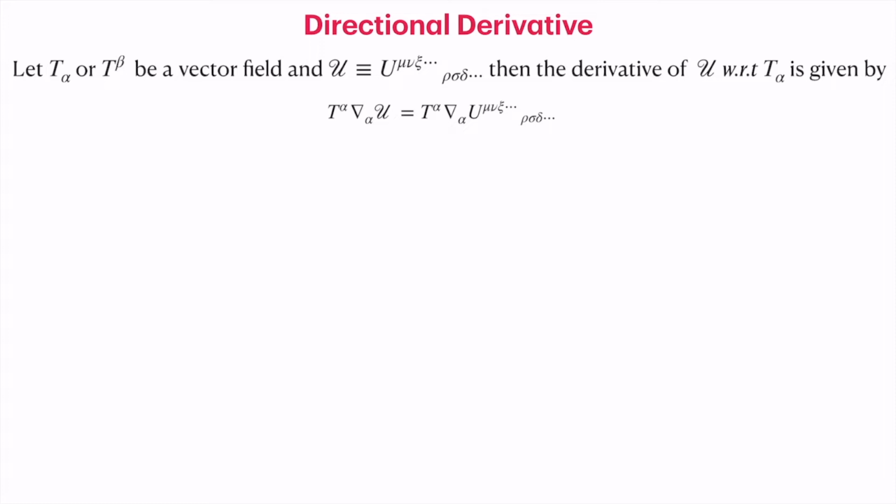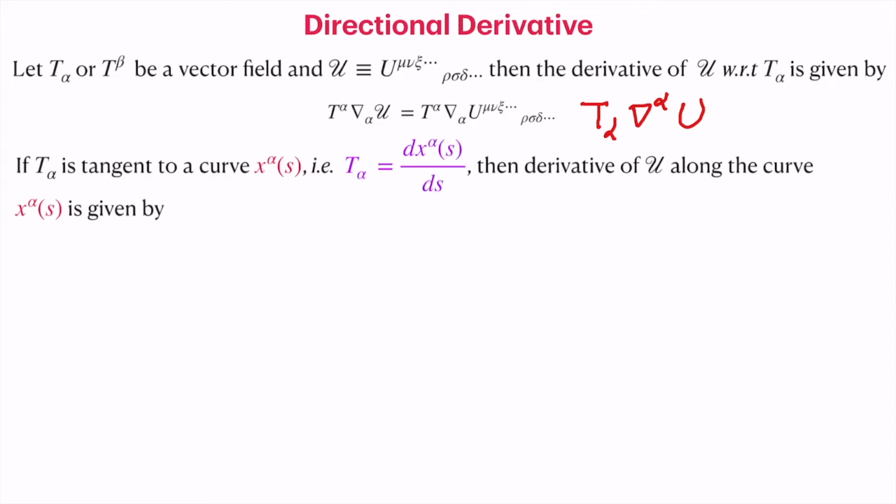Since in Riemannian geometry the derivative of the metric tensor is 0, we can easily raise indices and simply write this equation as T^alpha nabla_alpha U, where nabla^alpha is given by g^{alpha beta} nabla_beta. So this is how we have the expression for the directional derivative.